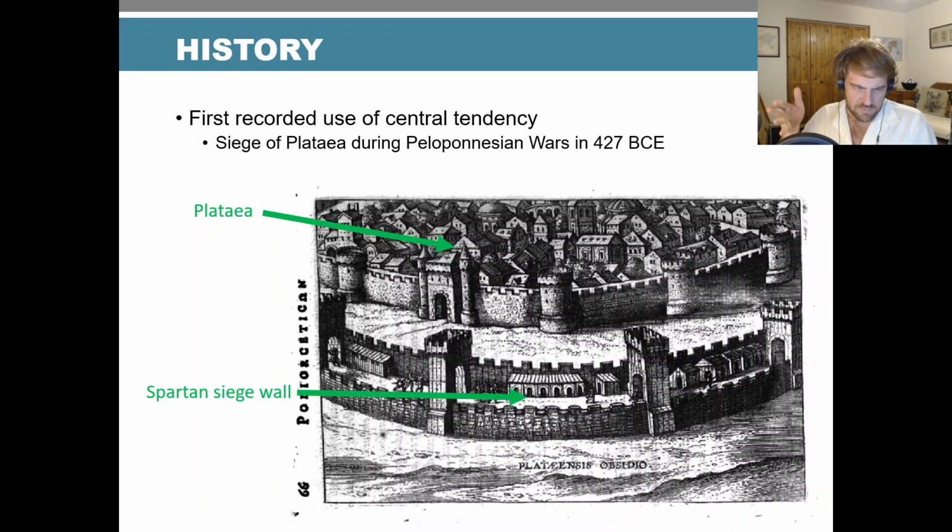The Spartans put up the siege wall right here. They surrounded the city, cutting off supplies, waiting for Plataea to give up and stop being a part of this war. They wanted to take over Plataea. Plataea was allied with Athens, who was at war with Sparta at this time.